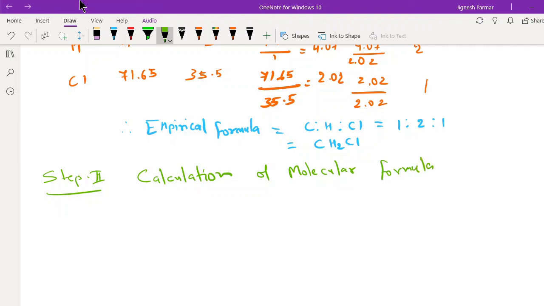How can I find the molecular formula? So let's first find the empirical formula mass.